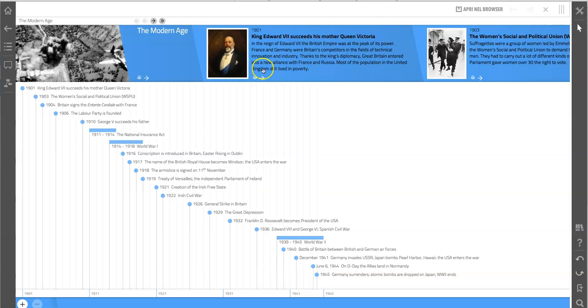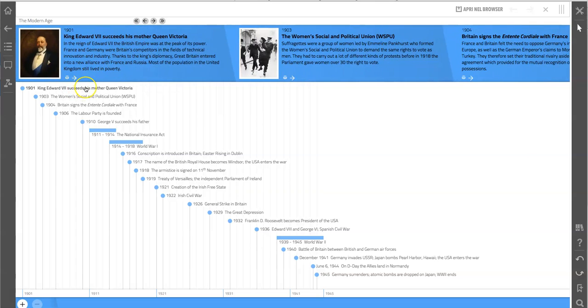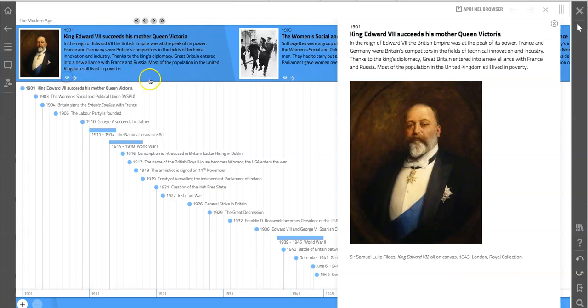Well, the successor to the throne of Queen Victoria was Edward VII, and he was the son of Queen Victoria.